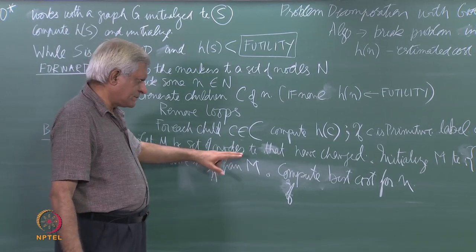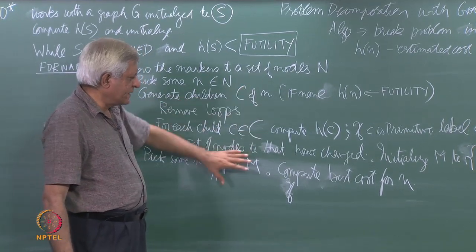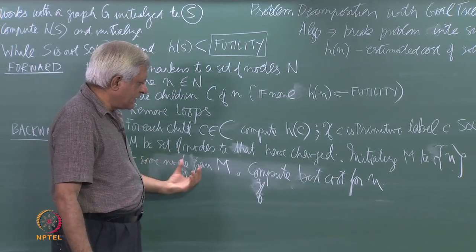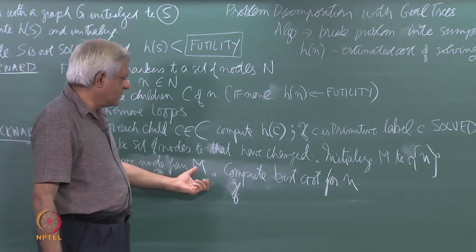and then n is a node that we just expanded and we have added this to the set M, and we are picking some node from M. In this case it is only n to start with.